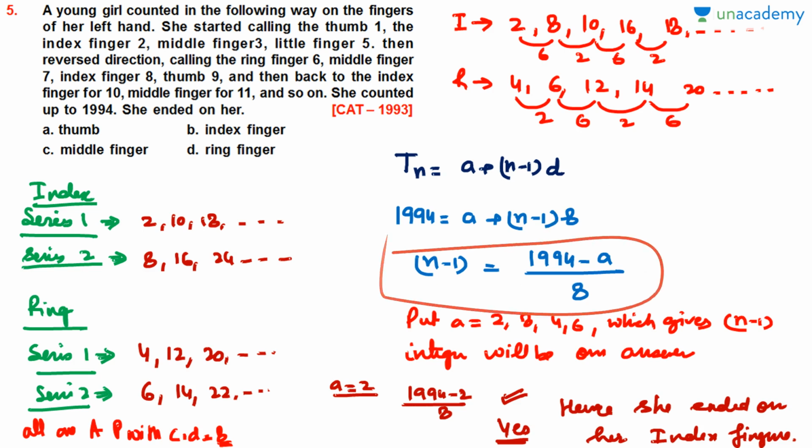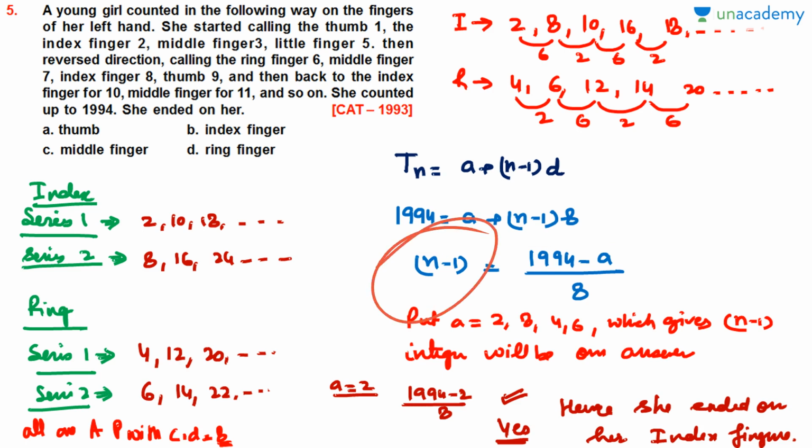We are solving an arithmetic progression, and every arithmetic progression contains an integer number of terms, right? So n minus 1 would be an integer when this number is an integer, and if n minus 1 is an integer, then n is an integer. In all these four APs, the first terms are different and the other things, common difference and last term, are the same.